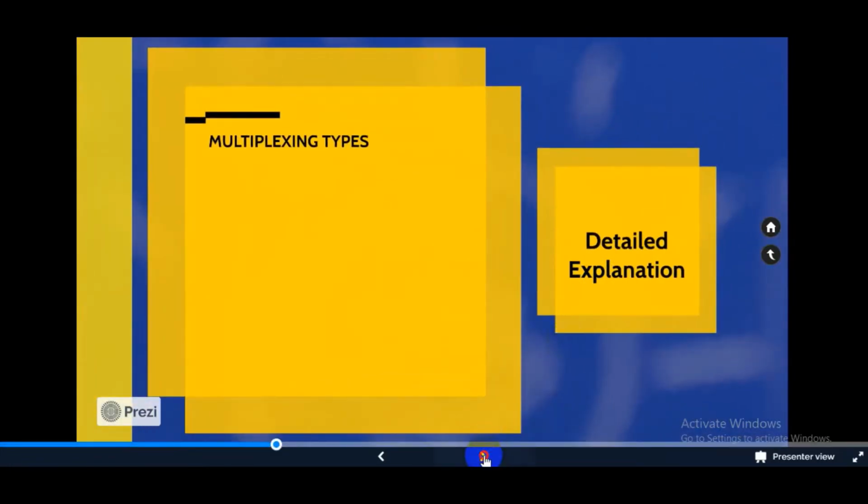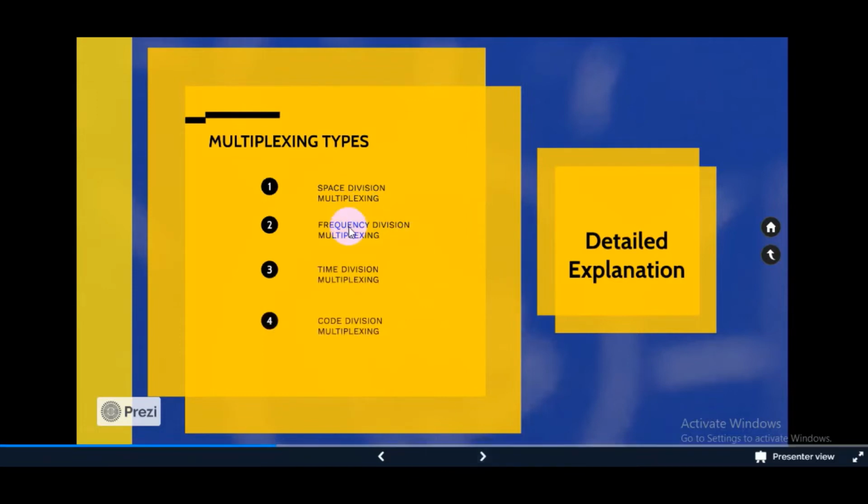The types present are space division multiplexing, frequency division multiplexing, time division multiplexing, and code division multiplexing. These are the major types of multiplexing techniques that we are going to study in this concept. Let us go through each multiplexing type one by one.